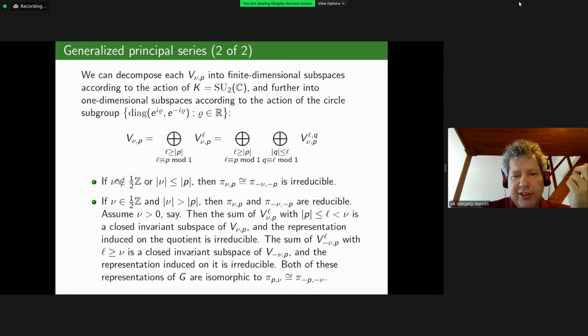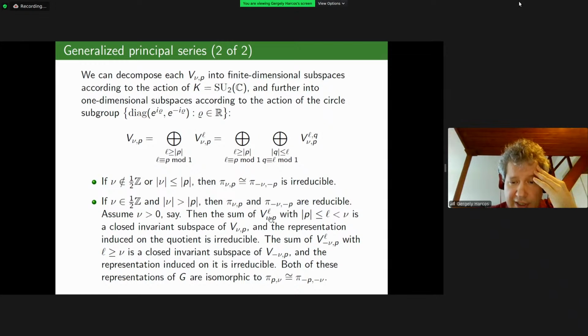And if nu is a half integer, the conclusion still holds true when absolute value of nu is at most absolute value of p. And then there is some very interesting exceptional case that is relevant for us. If nu is a half integer and absolute value of nu exceeds absolute value of p, then they are both reducible. That's already very interesting.